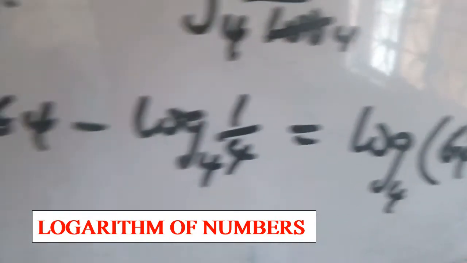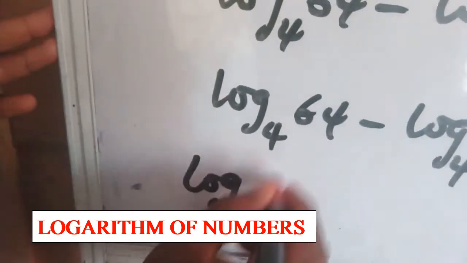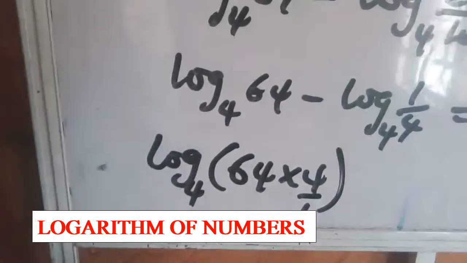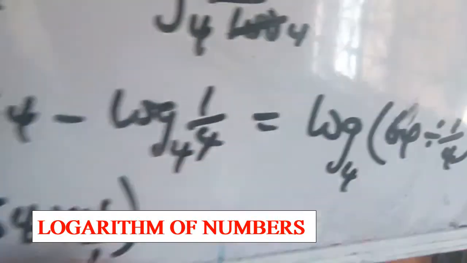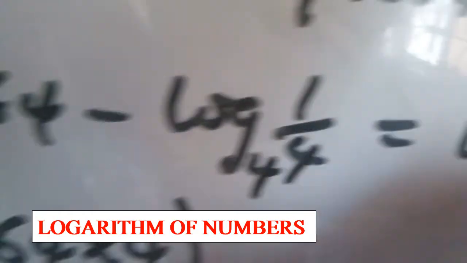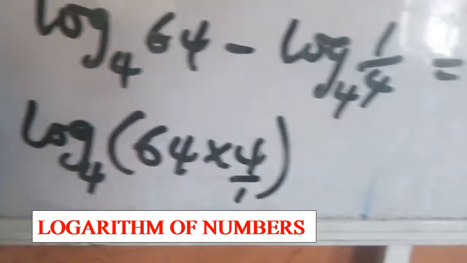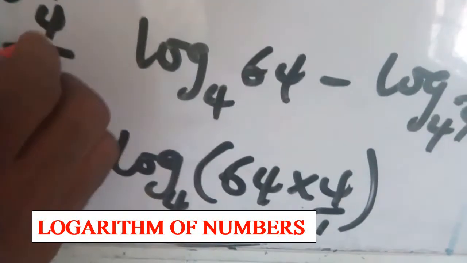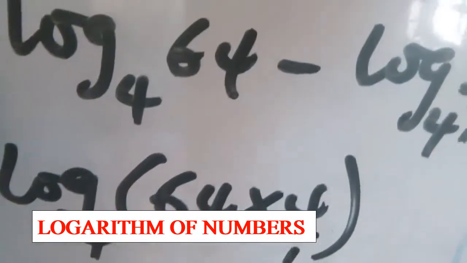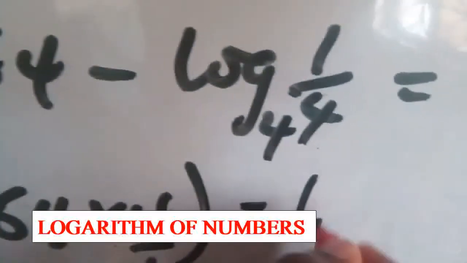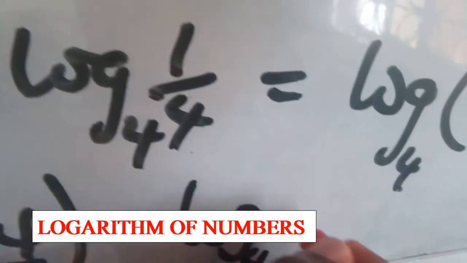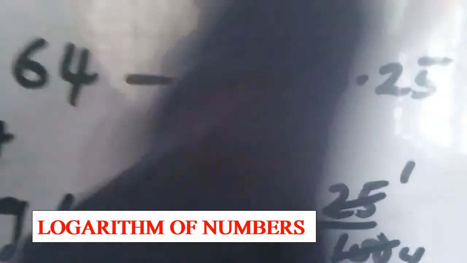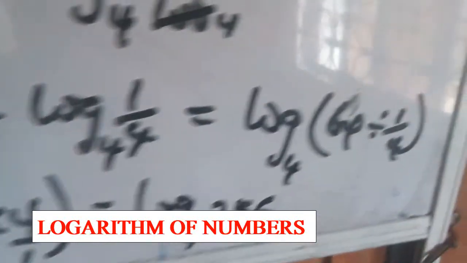So that will give us log 4 of 64 times 4 over 1, because you change the division to multiplication and take the reciprocal of the divisor. 64 times 4 will give us 256. So we have log 4 of 256. That is what we have.